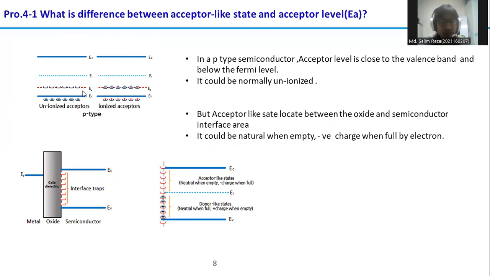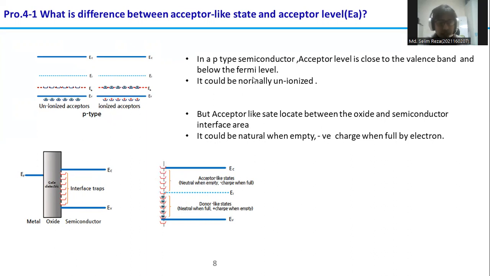Basically, these acceptor levels are normally unionized. It is not ionized by anything, so it is a normally unionized acceptor. But if we go for the metal oxide and semiconductor interface, at the interface we also see a similar state, and this state is called the acceptor-like state.